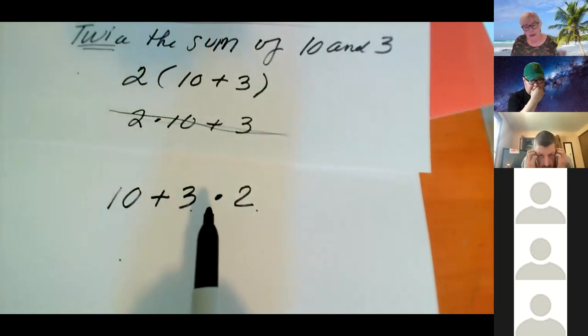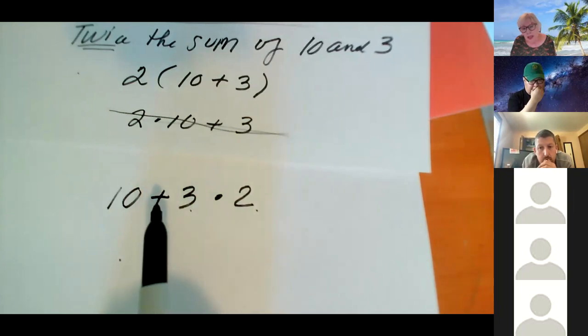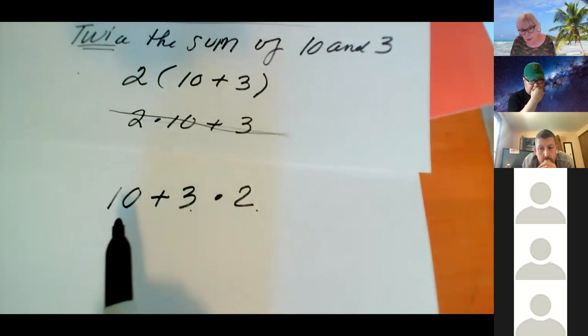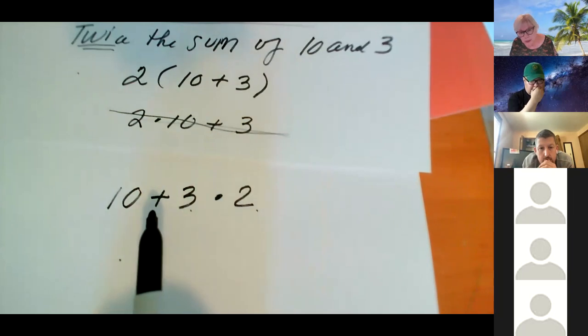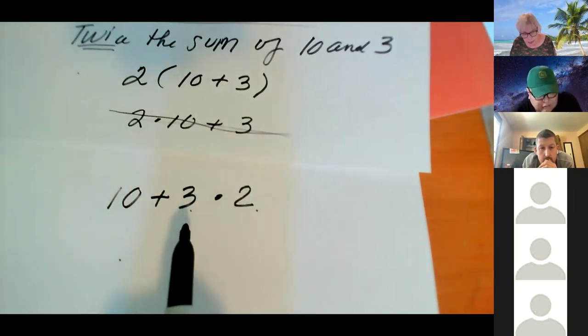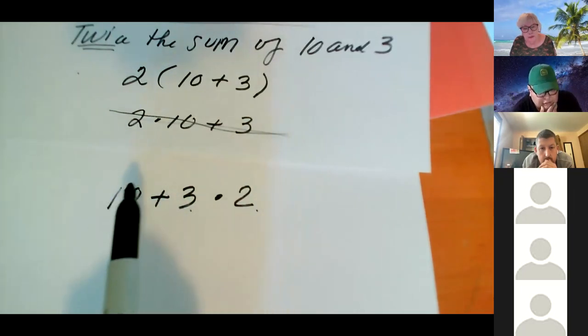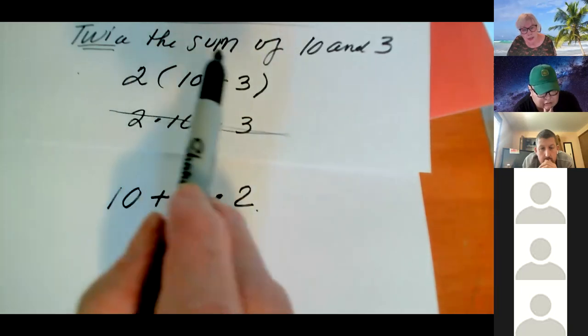The problem, I mean, this is good, you're thinking, but you wouldn't be allowed to add first. If you wrote it like this, this would be the last thing you would do. Now, if you put parentheses around that, then you would be forced to add, because it's twice the sum.